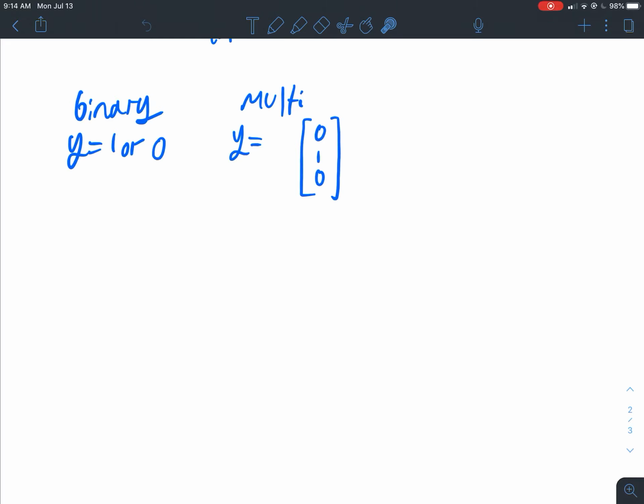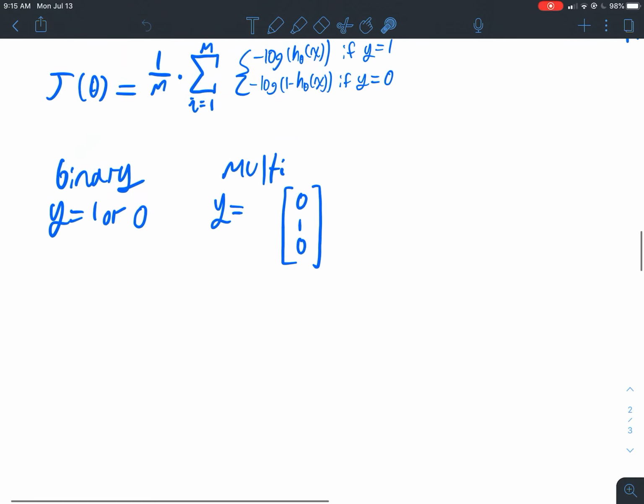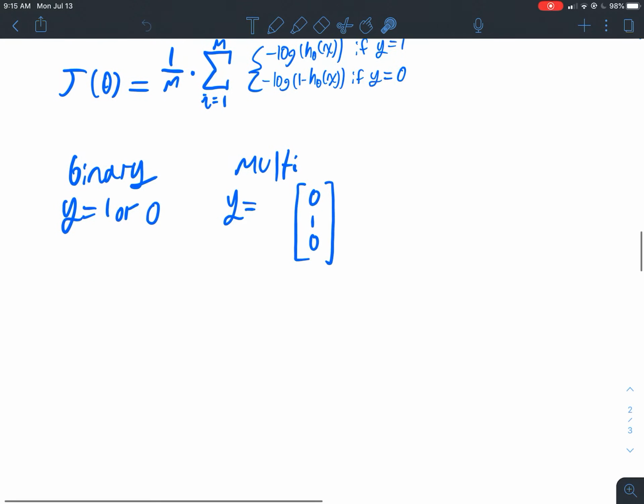But if you have a large classification algorithm using one versus all, because the outputs are being outputted as a vector, as several different probabilities, you need to make sure your y outputs represent that. And so you need to make your y's a multidimensional vector. So here, let's say, we're basically saying this probability should be 0, this probability should be 1, and this probability should be 0. So that makes it take up a little bit more space on the memory of the computer, but it's worth it in the end.